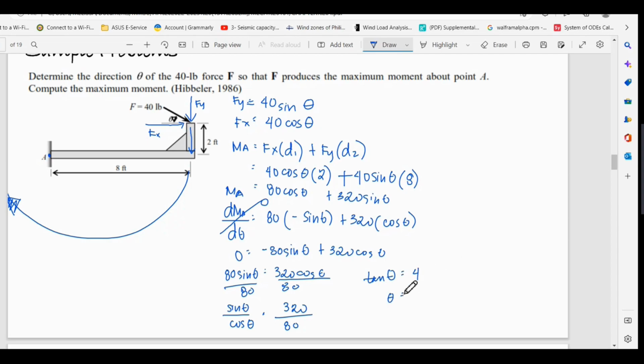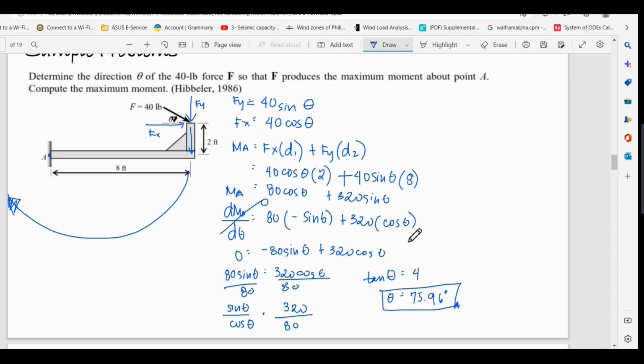Therefore, theta is 75.96 degrees. So to be able to produce the maximum moment, the theta must be 75.96 degrees. Okay, so yan na ngayon yung direction theta na hinahanap sa problem.